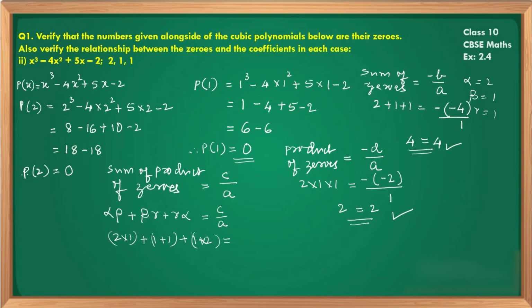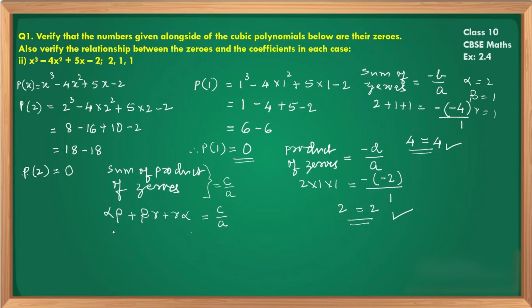What is c here? The sum of product of zeros is equal to c by a, and alpha beta plus beta gamma plus gamma alpha is equal to c by a. Here, what is c? C is plus 5. Let us write down that here.